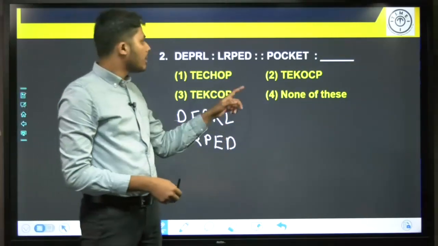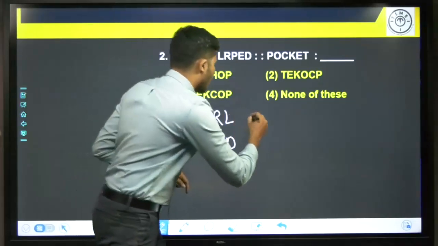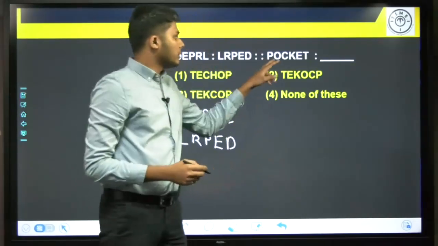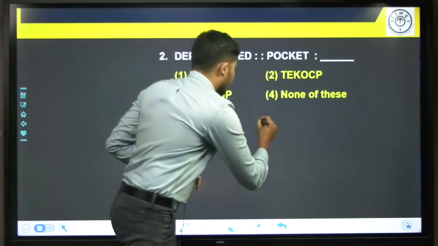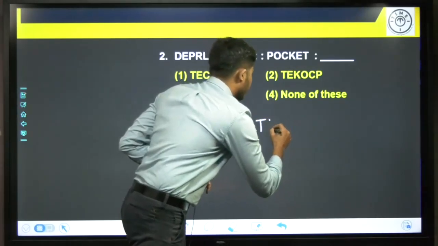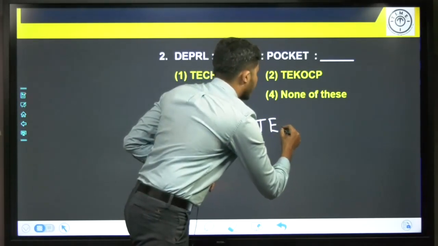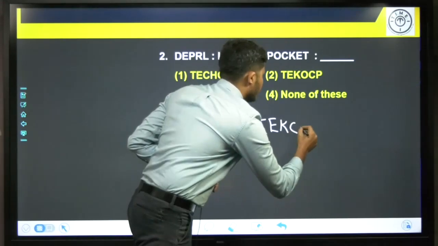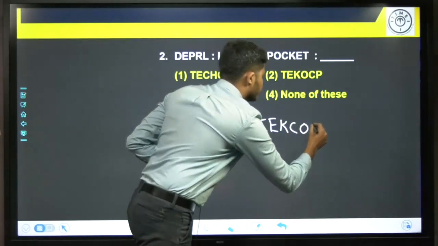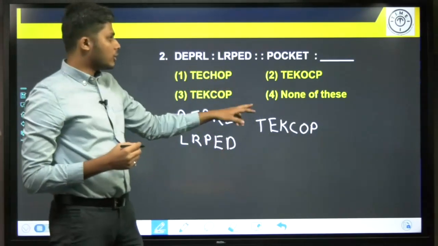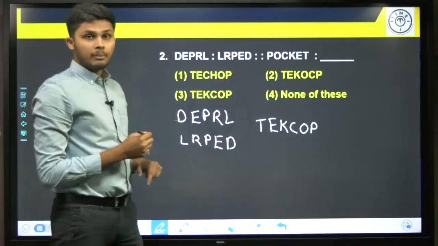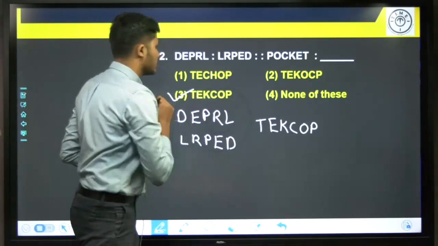The similar logic will be applied to the third term, which is pocket. In the reverse order, it will start with T, then E, K, C, O and P. This is in the option 3, and third option is the missing term.